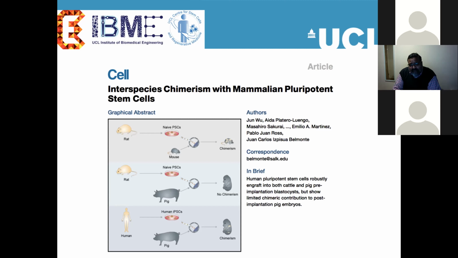Now, in this endeavor, there are other colleagues of mine in this field who are actually trying to grow human organs in other animals. You can see here the article in Cell that shows that they're trying to build human organs inside pigs.